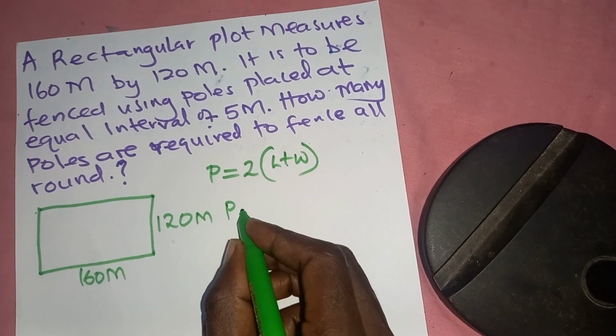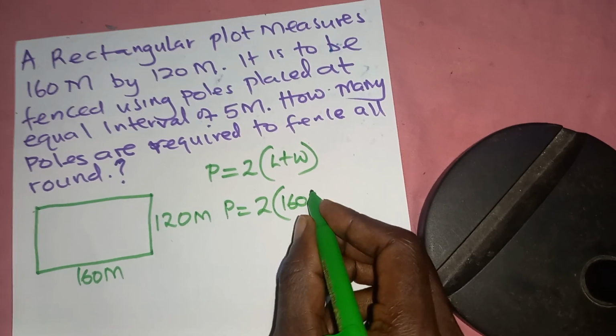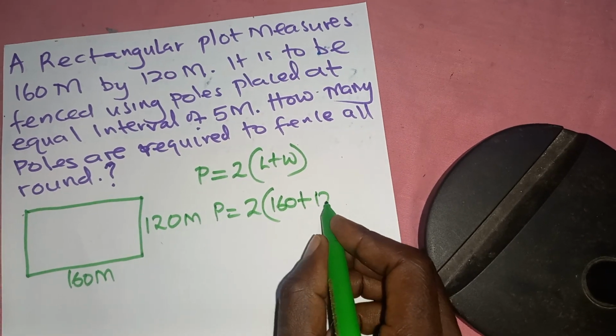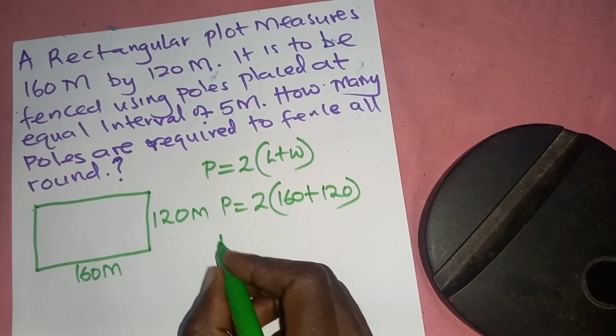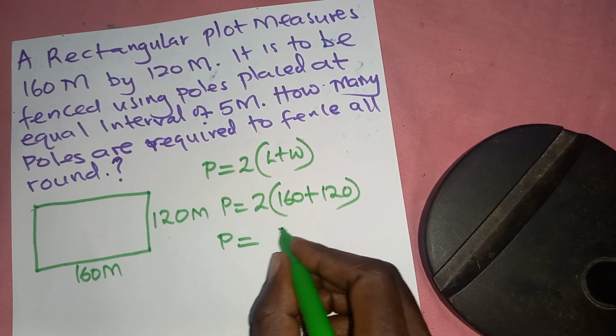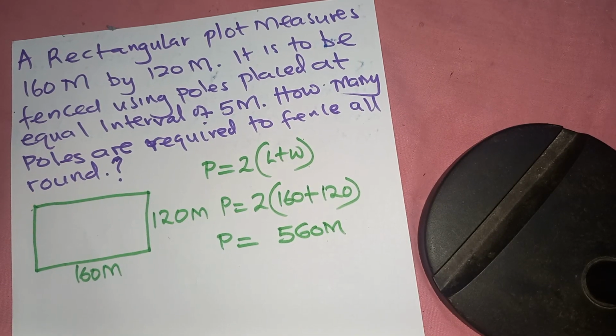So perimeter here is equal to 2 inside the bracket, 160 plus 120. Okay, this one will give you 560 meters.